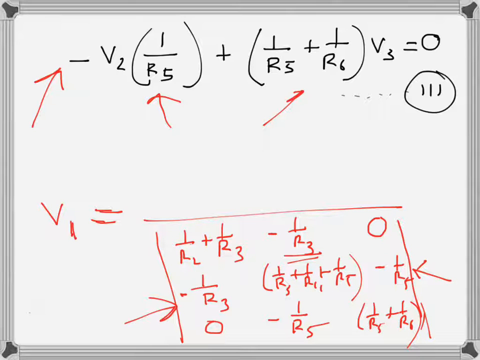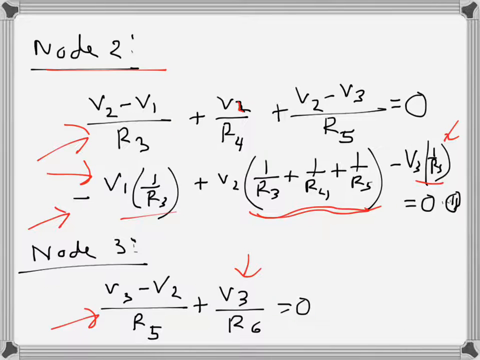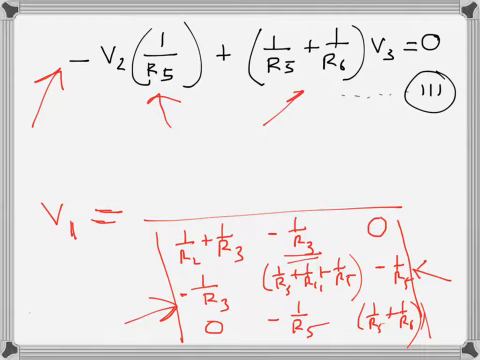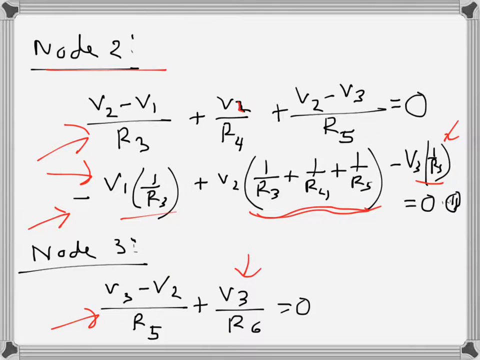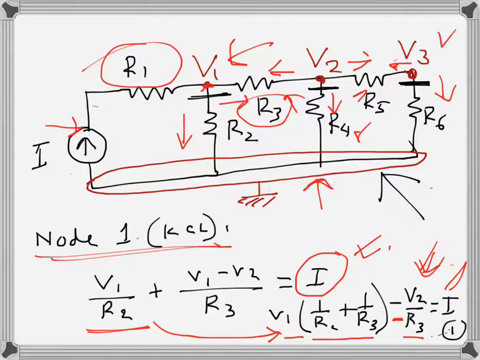Finally, for the third equation, where now I am writing in terms of the rows, so for the third equation, the coefficient of V1 is 0, because if we look here, the adjacent node of V3 is only V2, V1 is not adjacent, so the coefficient is 0.